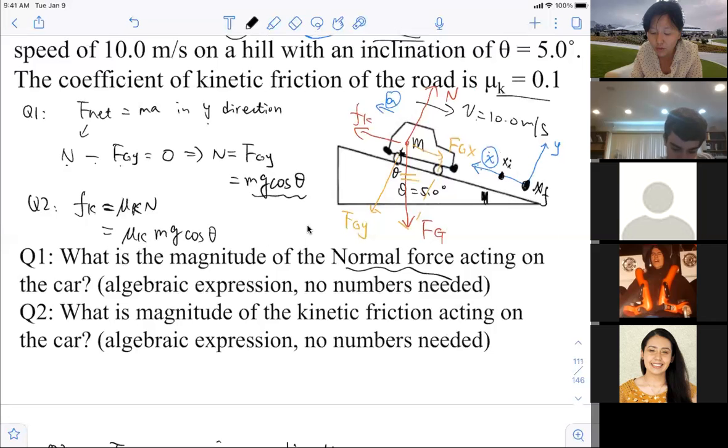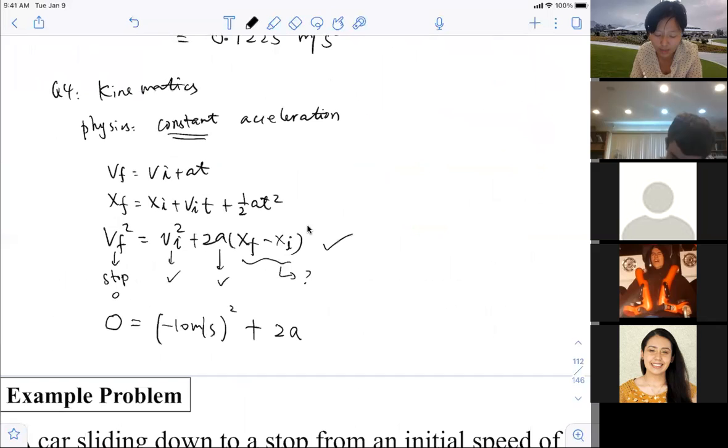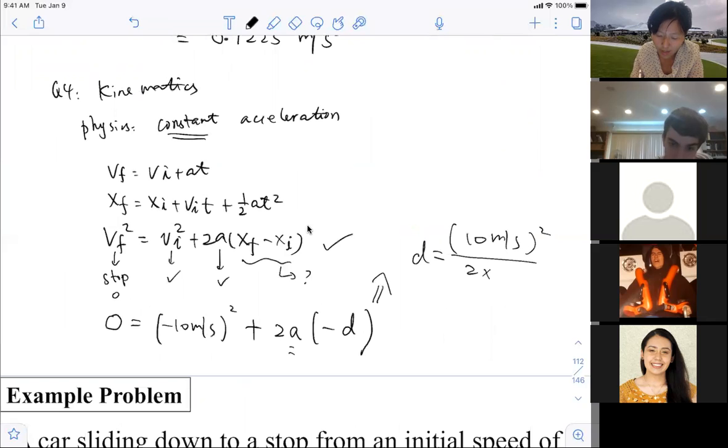So here your x initial is bigger than x final, which makes x final minus x initial negative the total distance you traveled. Okay, so that works out. I found my distance to be 10 squared divided by 2a, and I found the distance is 4. It's a really long ramp, I guess, 400 meters.